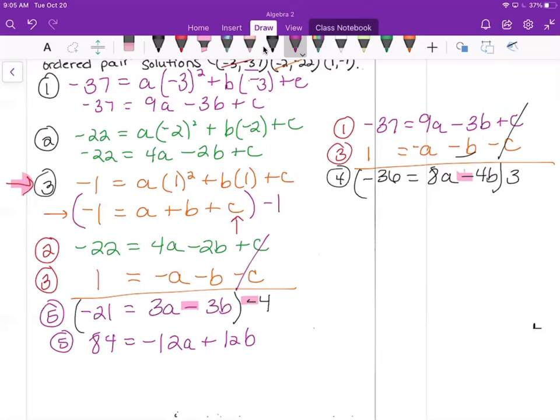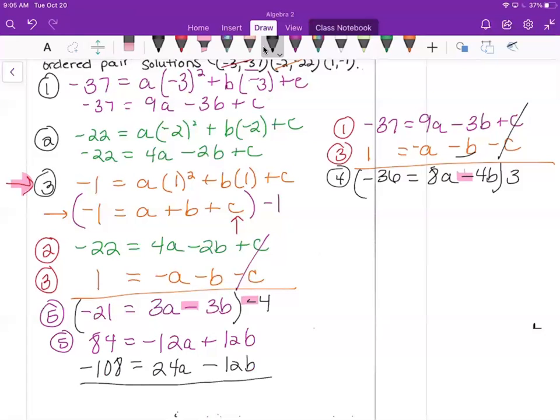I'm going to multiply equation 4 and bring it right down below so we can do our subtraction. We've got 36 times 3, which gives us 108. But it's going to be negative. 8 times 3 is 24a. And -4 times 3 is -12b.